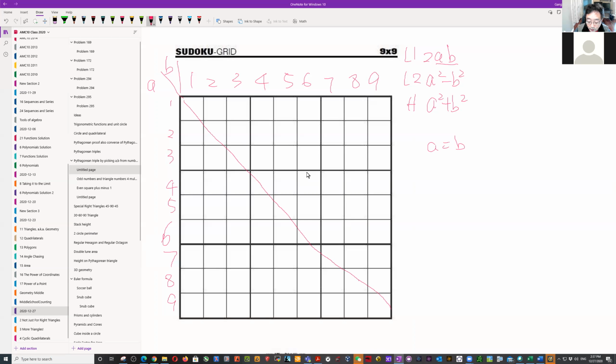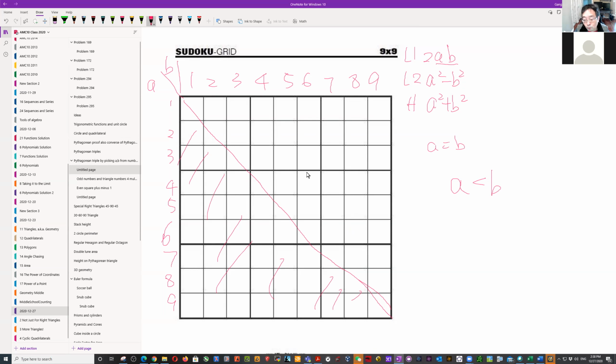We can also make the assumption that a is less than b, because of the symmetry of a and b. Without loss of generality, we can assume a is less than b, so we can cross out this part and only deal with this triangle.